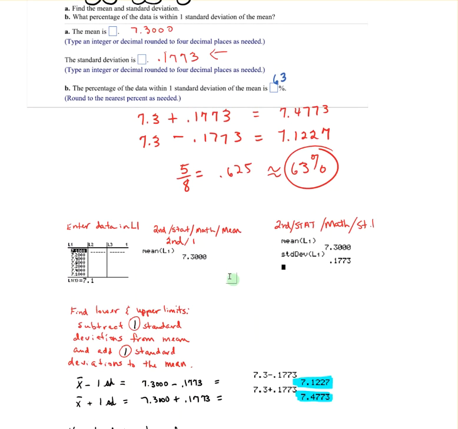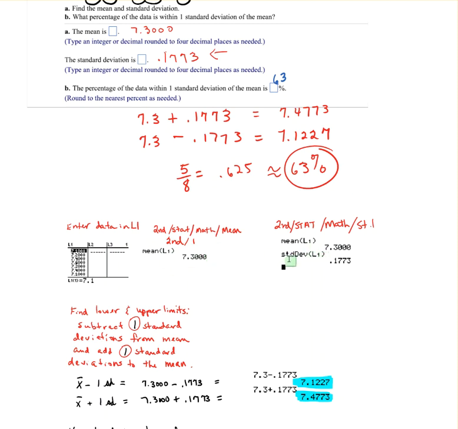So if you put your data in L1, second stat, go over to math, choose the mean, and the second one tells your calculator to get L1. That's where you get the 7.3.